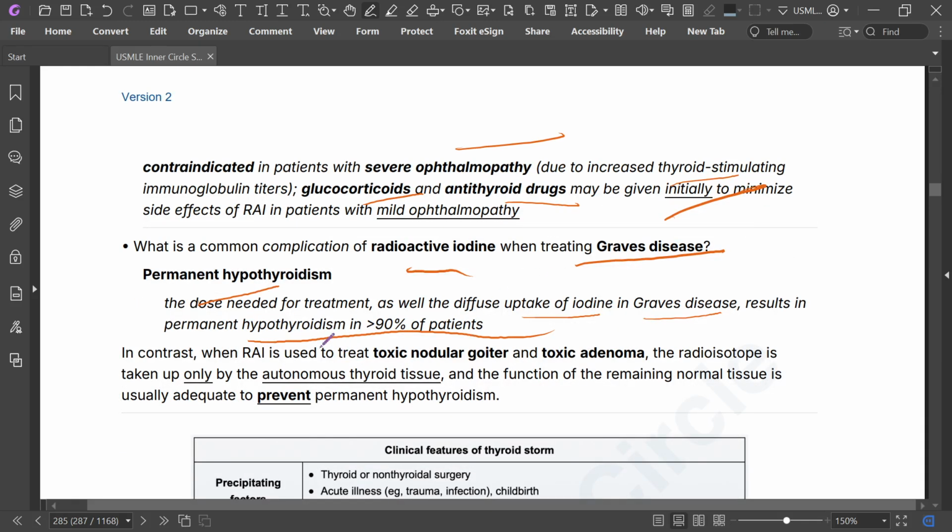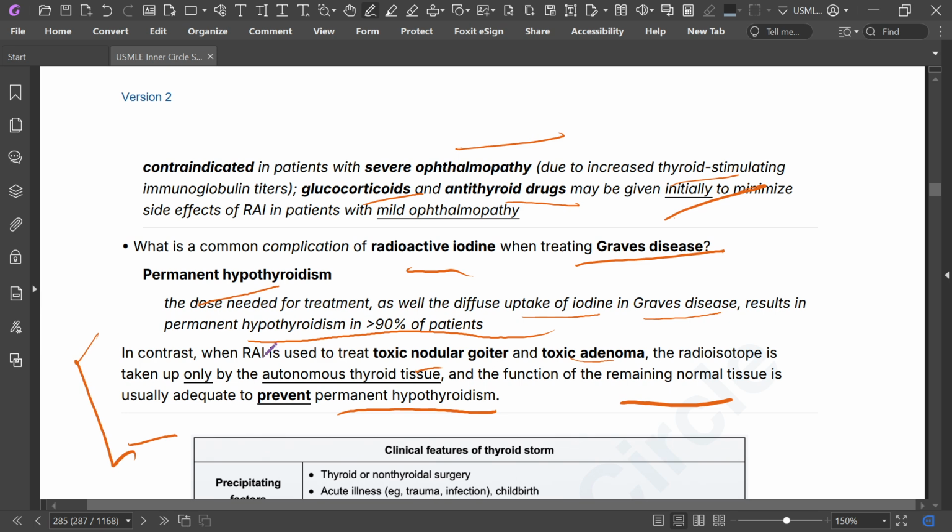In contrast, when radioiodine is used to treat toxic nodular goiter or adenoma, the radioisotope is taken up only by the autonomous thyroid tissue, and the function of the remaining normal tissue is usually adequate to prevent permanent hypothyroidism.